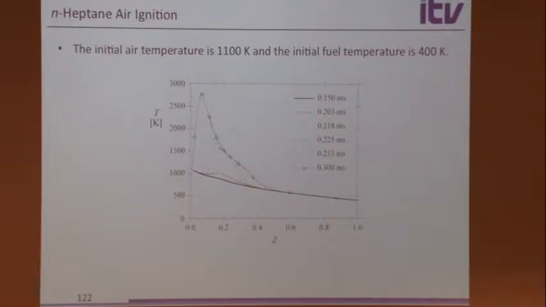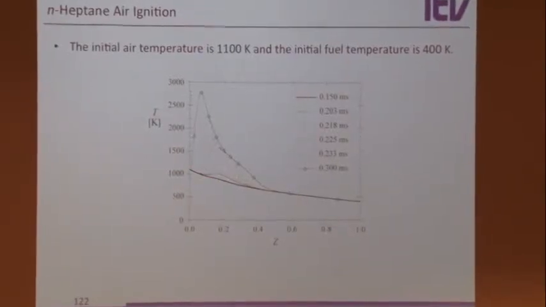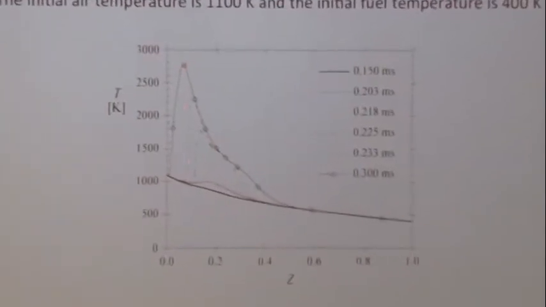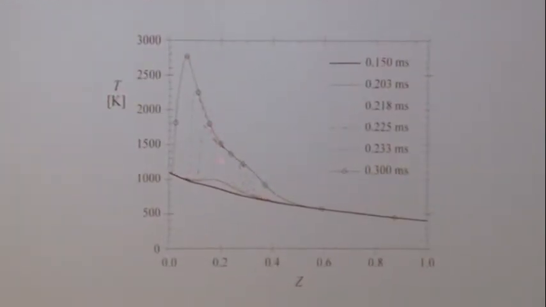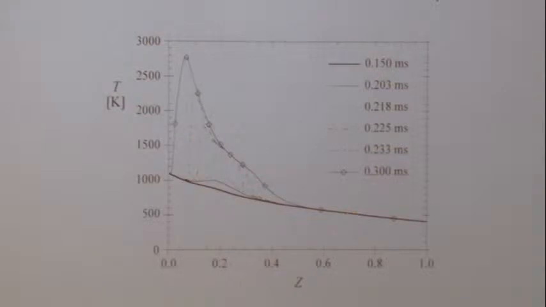And then you see in the beginning here, it's unburned. And then you see at rich conditions, stoichiometric here is about 0.06 or so. At rich conditions, it starts igniting, and then ignites more, and then it burns into the lean, and into the rich, and at some point you reach high temperature.